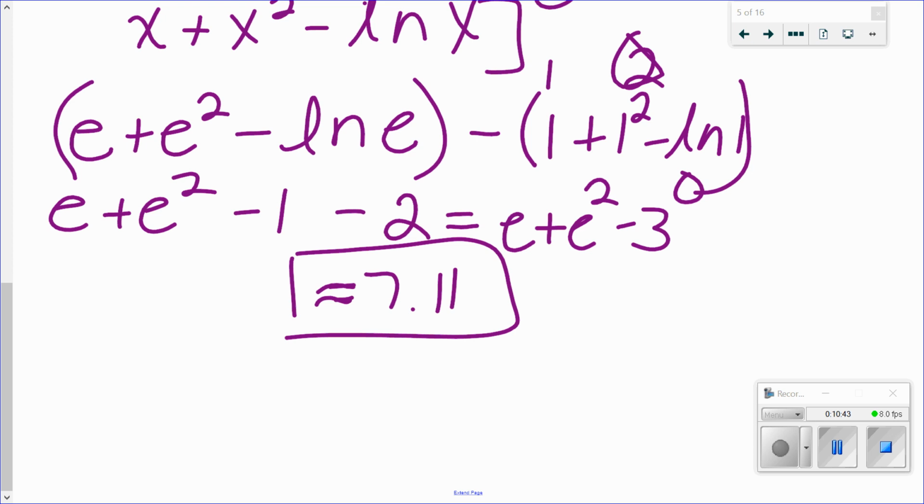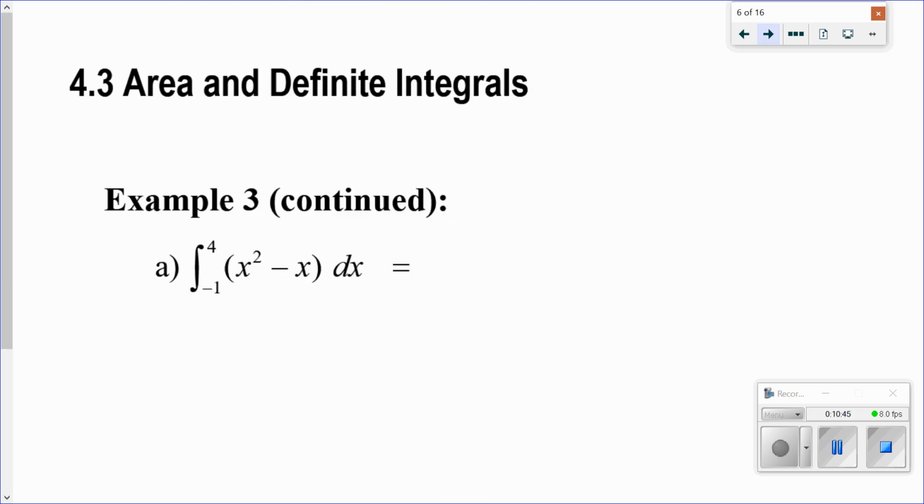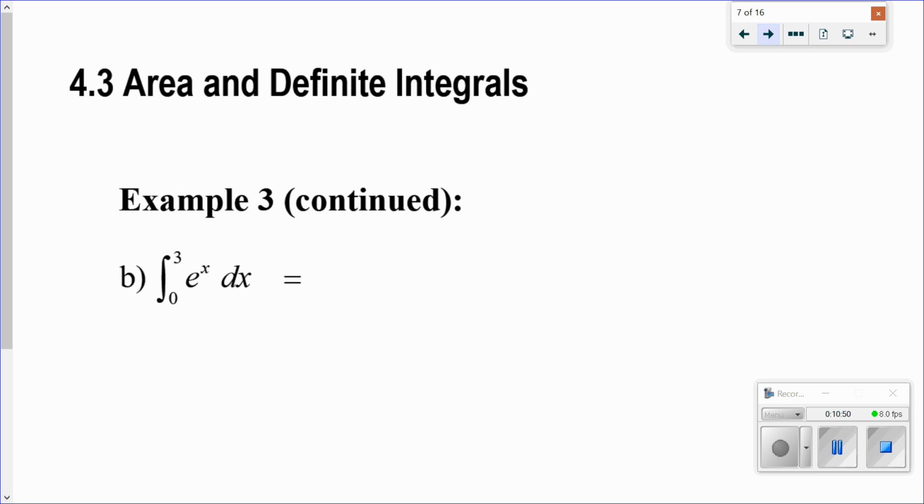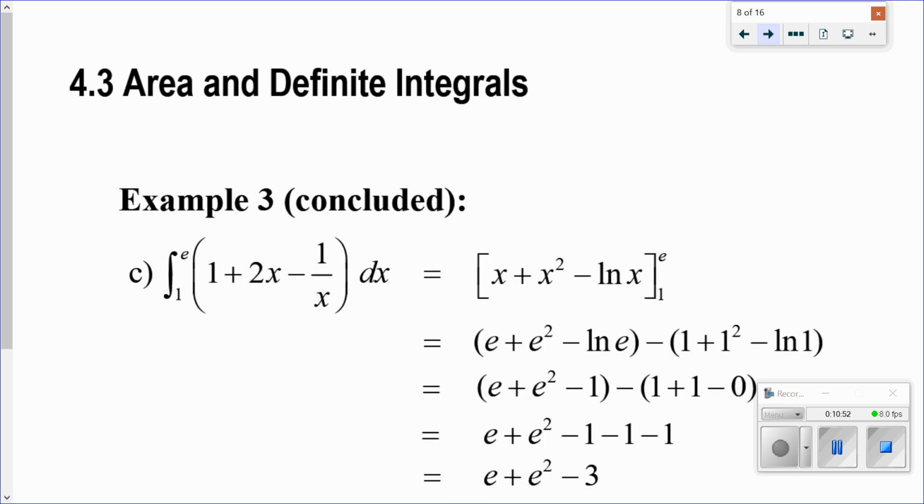All right. And we did that on the last page. Did that one.